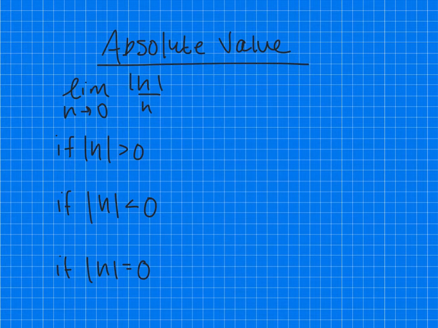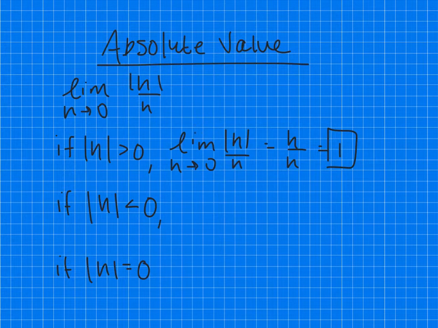So if h is greater than 0, then the limit of the absolute value of h over h as h approaches 0 will simply be h over h. And we know that a factor over the same factor equals 1. So keep that there.